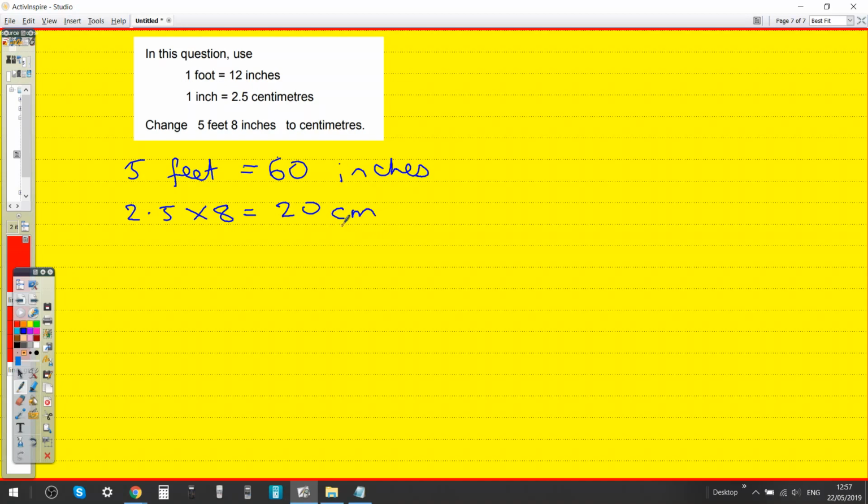Now we need to convert 60 inches into centimeters, so you need to know how many centimeters are in an inch.